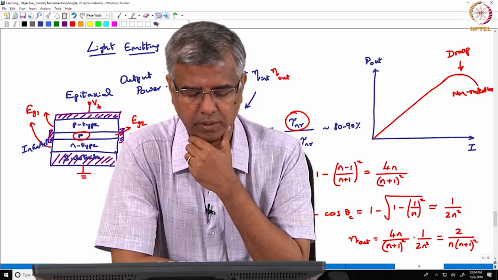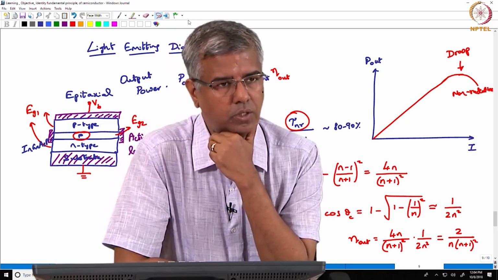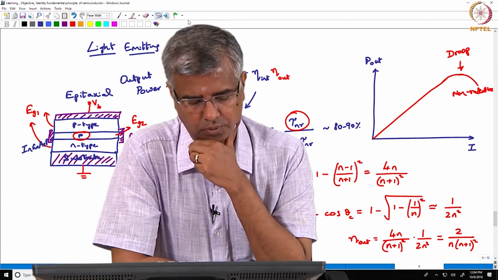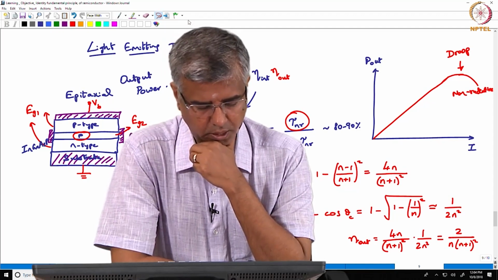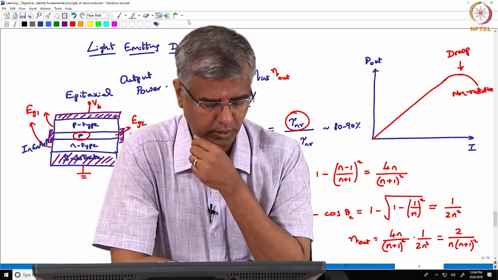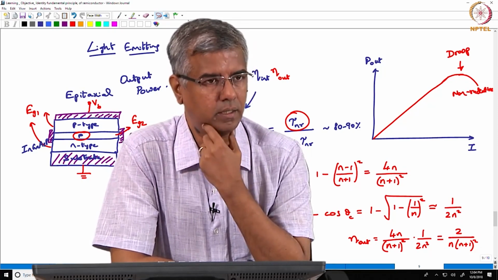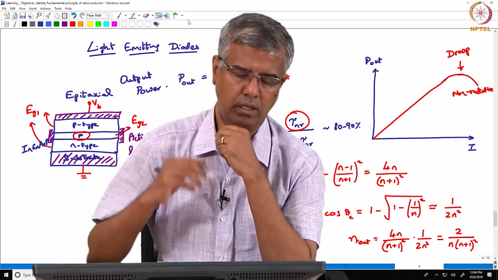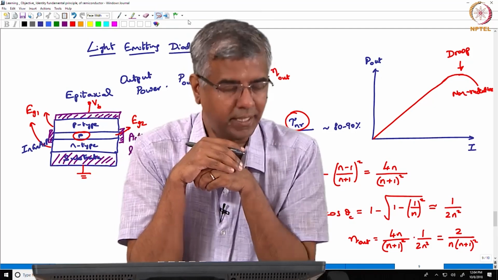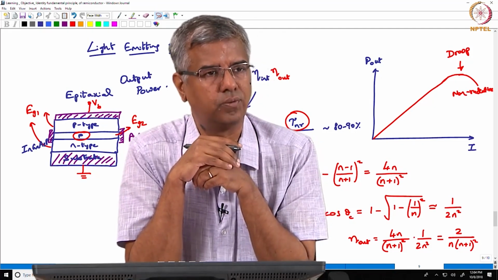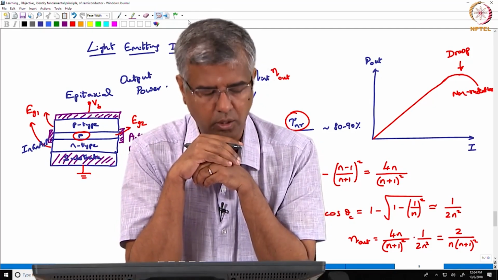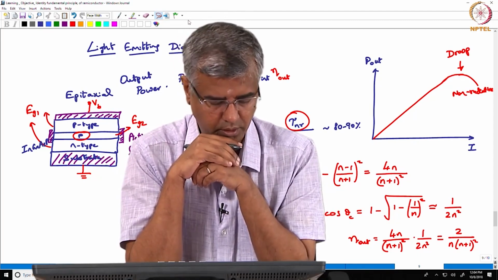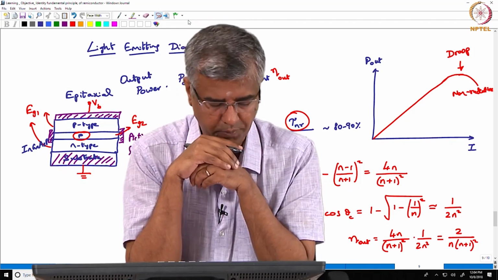So, by nature, we are saying that we are going to be using spontaneous emission of radiation for these light emitting diodes. And we talked about the typical structure being a double heterostructure, wherein an active region which consists of material with lower band gap energy than the surrounding material will be used.